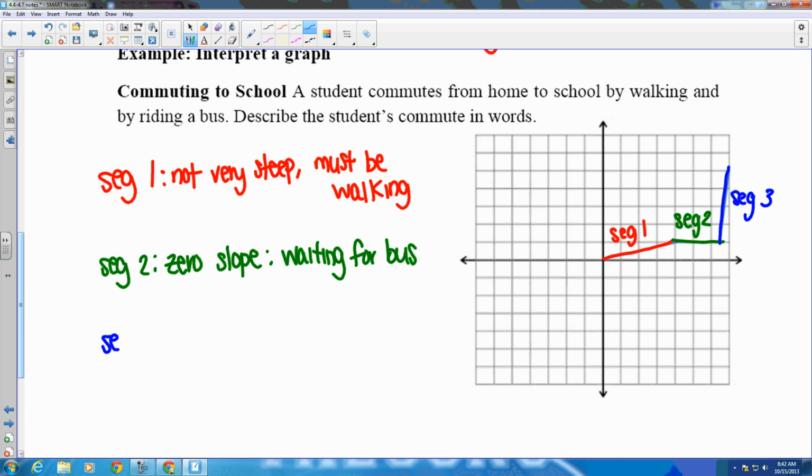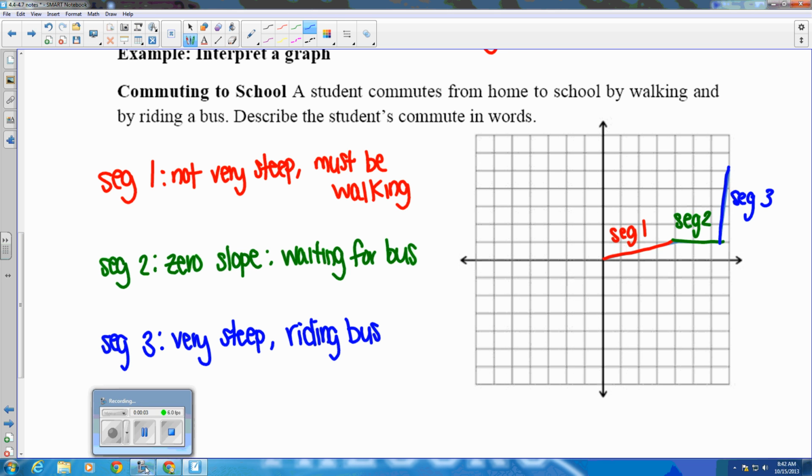And the third segment, if you compare the different speeds between segment 1 and segment 3, this is very steep, which means he's going very fast. Here he's riding the bus. Obviously buses can travel faster than walking, so segment 1 should be a little bit shallower than segment 3. Okay, and that was section 4.4, Introduction to Slope.